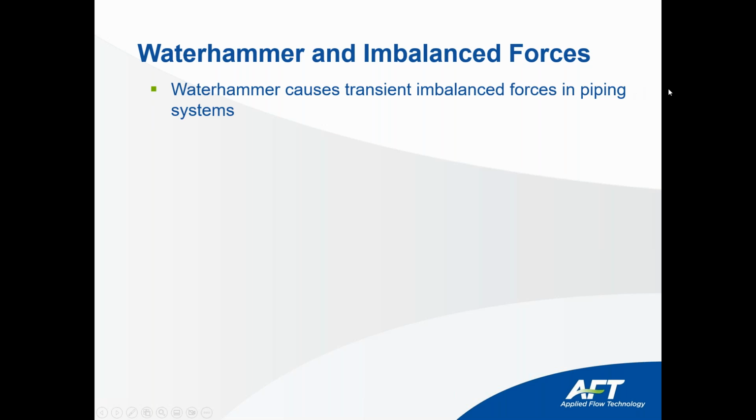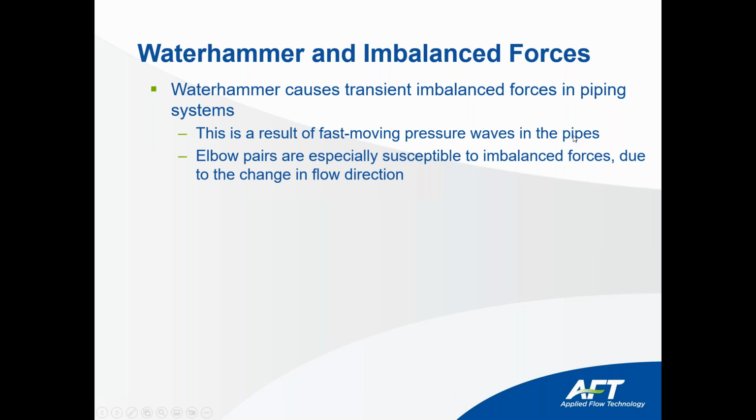So Waterhammer causes transient event forces in piping systems. This is a result of a fast-moving pressure wave in pipes. When you change the flow due to a valve closure, for example, that kinetic energy becomes a high pressure at the location and starts traveling upstream from where the flow was closed.